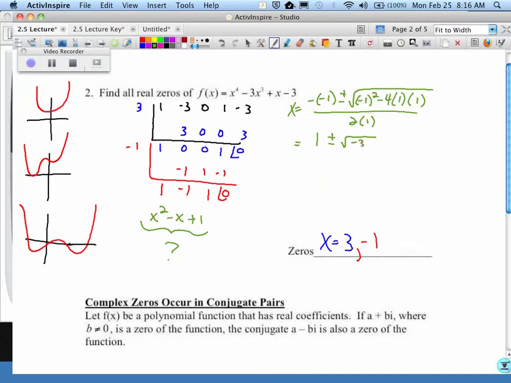Bring the i out. So now I have a 1 sitting up top, and I have a 1i sitting over there, all over 2. So 1, 1, and 2 don't have any common factors. So we're good. That's a good answer. You can just write that down there.